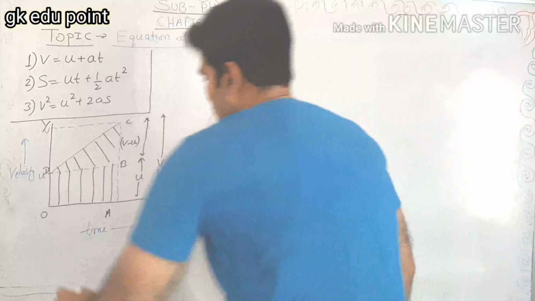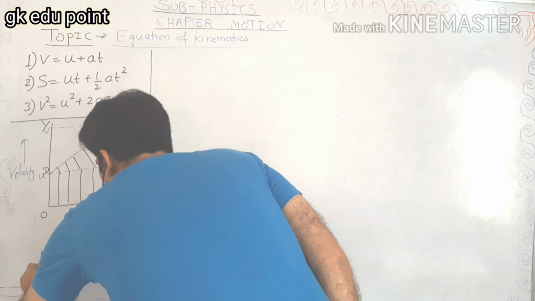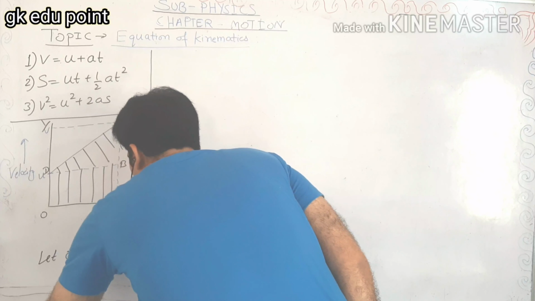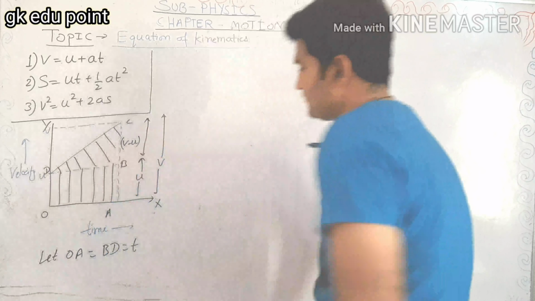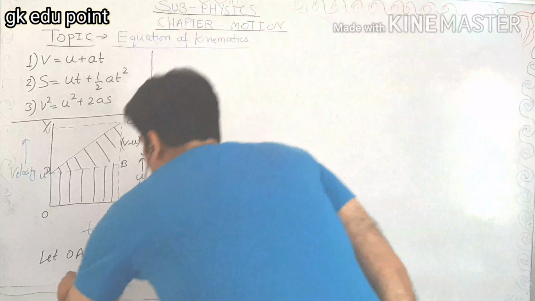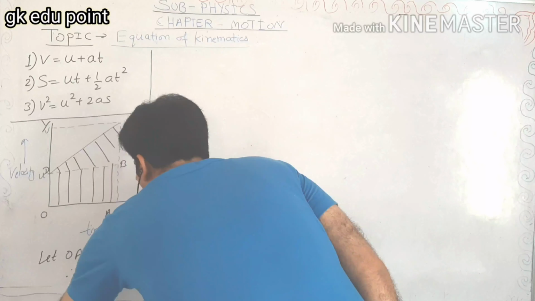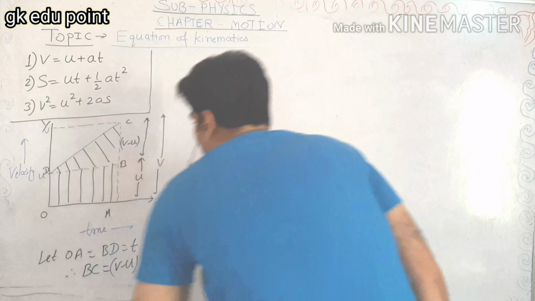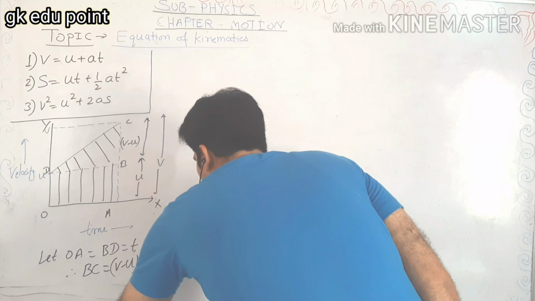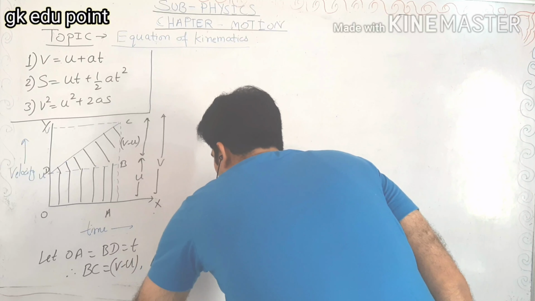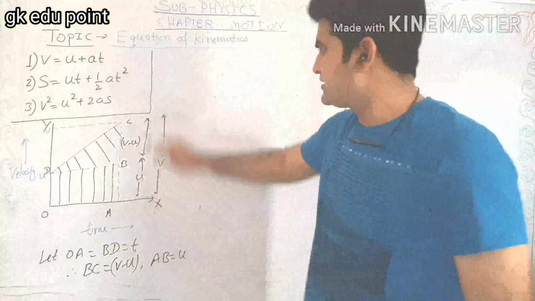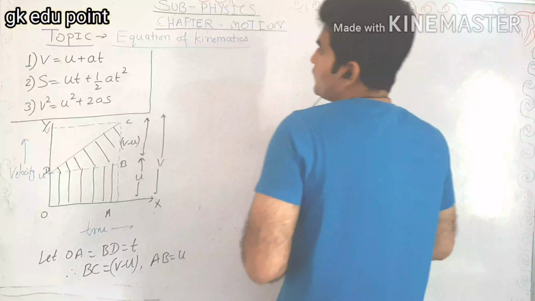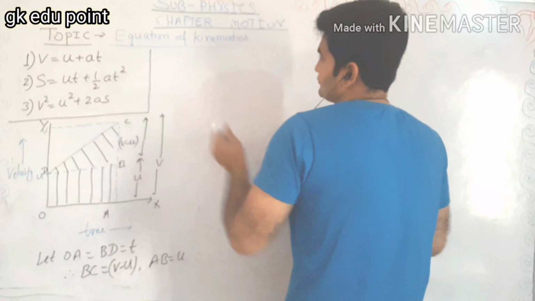So we can also write, let OA equal BD equal t, BC equal v minus u, and AB equal u. And AC is present; we can take it from this diagram. Firstly we will approach equation number 1.